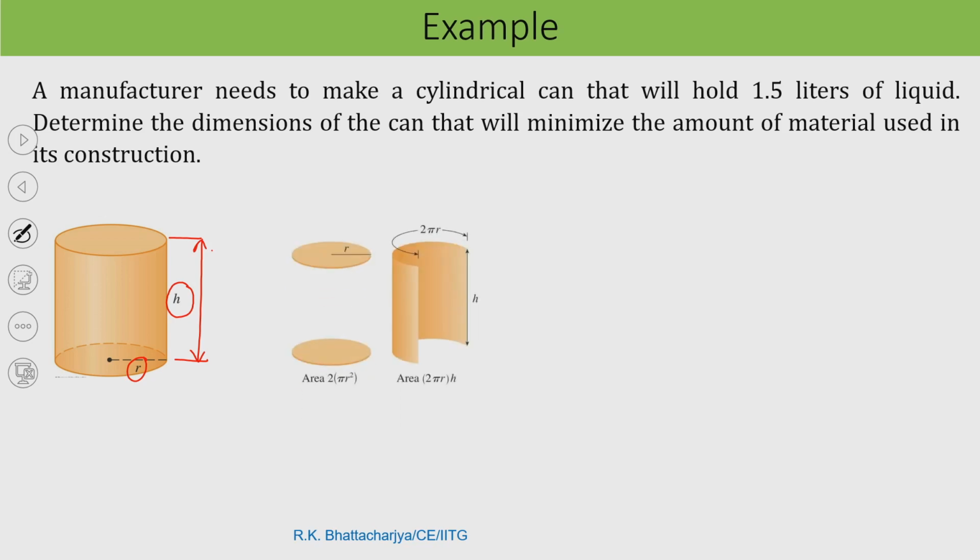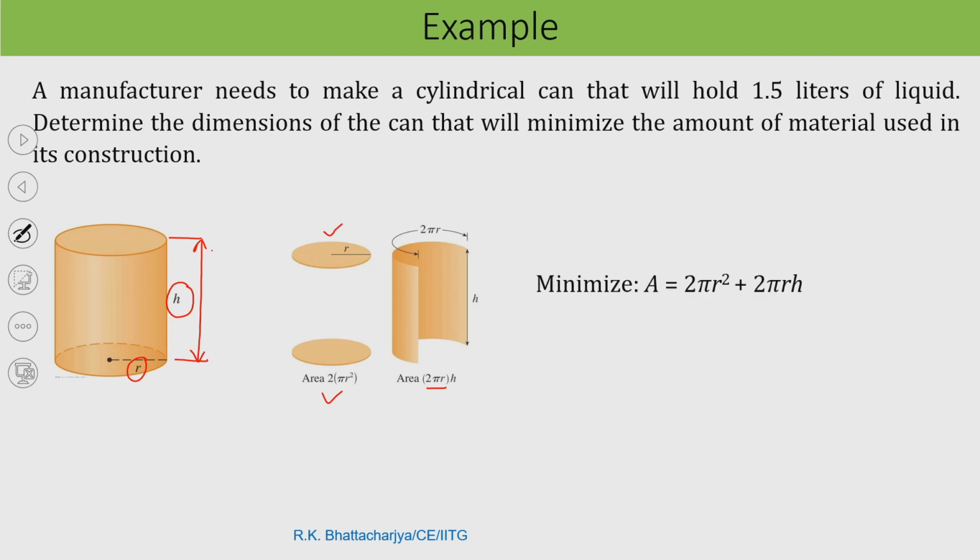Now, if I consider the material cost, that is the surface area of this can. The lateral area is 2 pi r h, and then we have to take the material used at the top and the bottom. That is pi r square each, so top and bottom together is 2 pi r square.